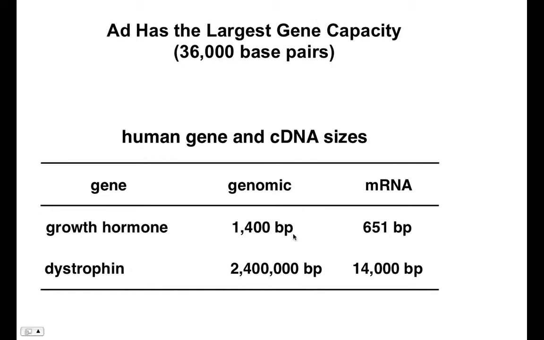and that's as compared to growth hormone, which only has 1400 base pairs, and dystrophin, one of the larger genes in the human genome, has 2.4 million. But its mRNA copy of 14,000 fits within this 36,000 restriction, so you can use this system to make dystrophin for those afflicted by DMD, Duchenne's muscular dystrophy, which I believe I mentioned earlier, but I'm reiterating now because it's been a bit.